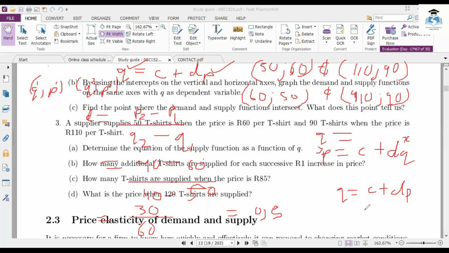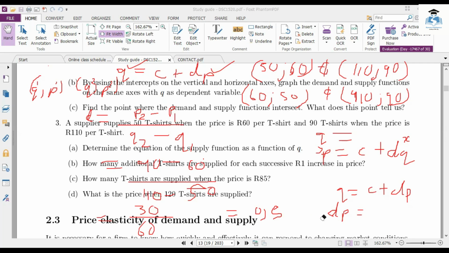Aren't you supposed to work it out, or do you just switch? In this instance, we say dP is equal to, maybe it's negative, or C is the one that goes there.